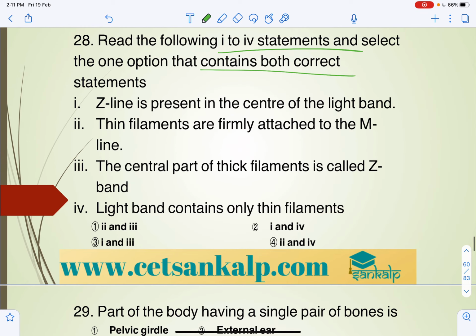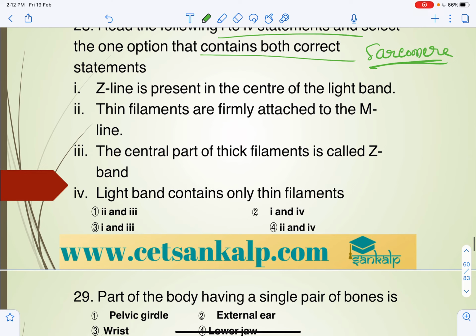So here, Z line present in the center of the light band. So generally this is the structure of the sarcomere, right? So in this we can say the structure you have to keep in mind, that is we have different zones. We know that is A band and I band.